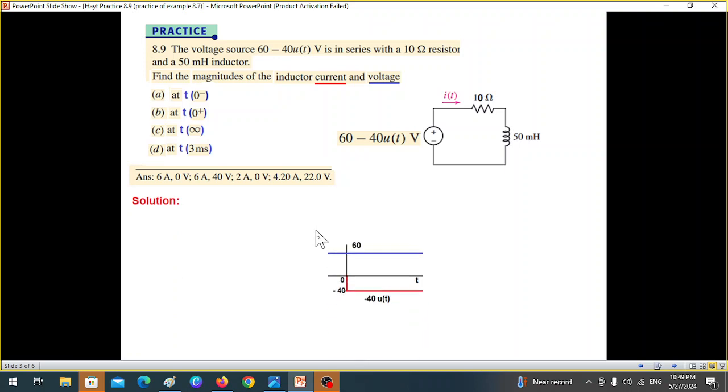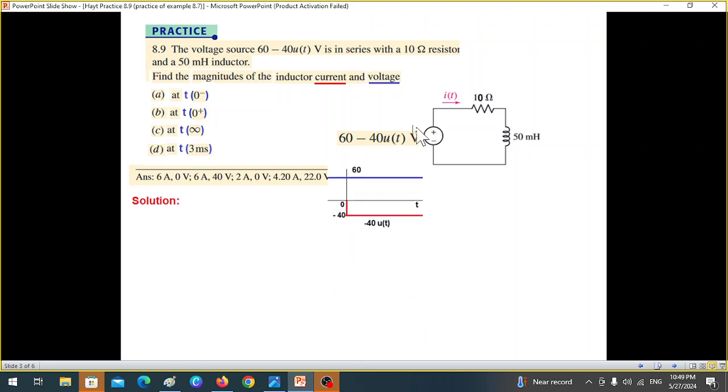So let's come first of all to the source. How do you define this source? 60 means it is 60 positive, on both sides for an infinite period. So we just draw a line for 60. Then minus 40 u(t) means that after 0 towards the right, we have a negative 40 and it goes up to infinity.